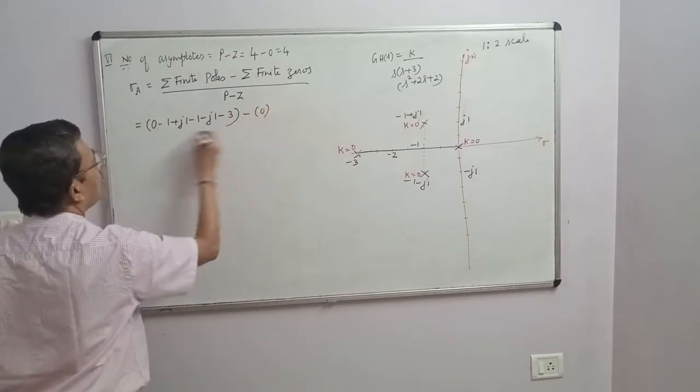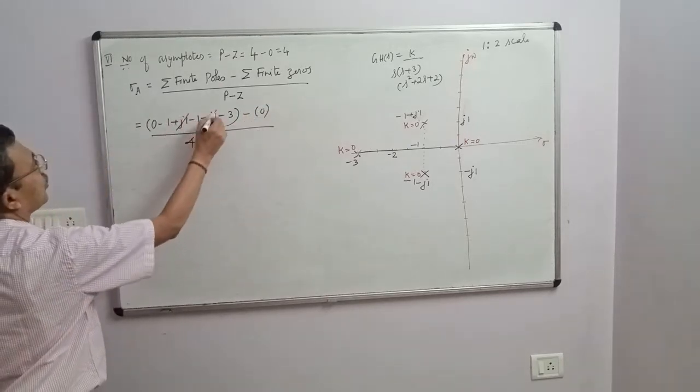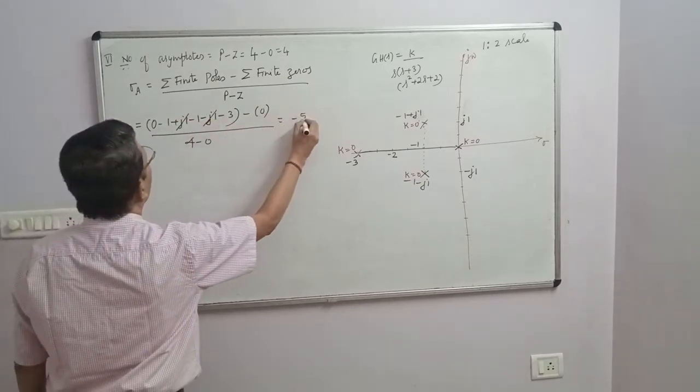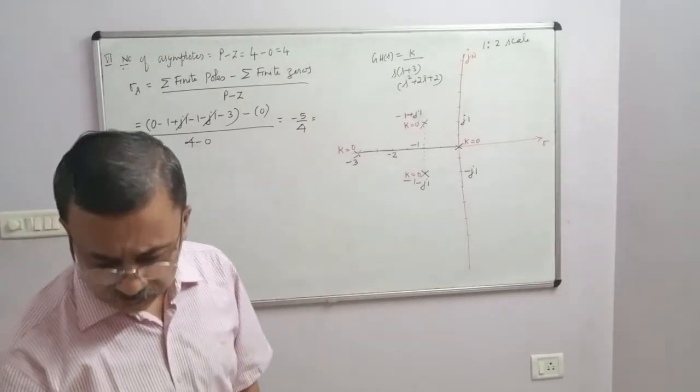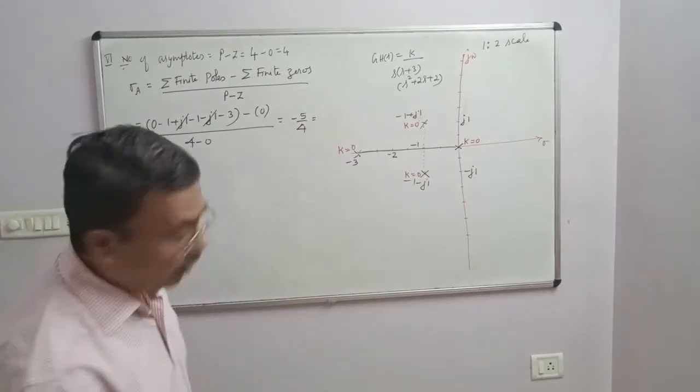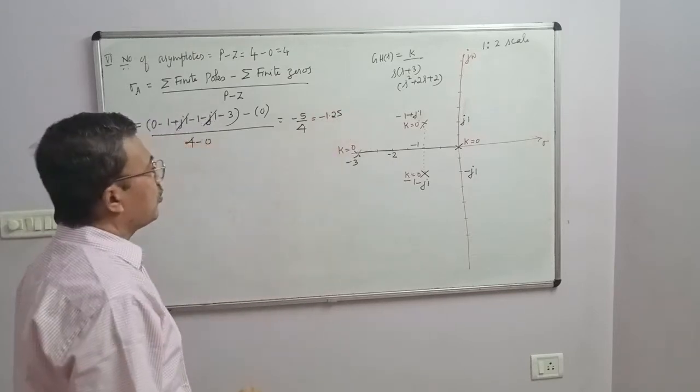There are no zeros. Divided by P is 4, Z is 0. So you get minus 5 by 4, which means minus 1.25.